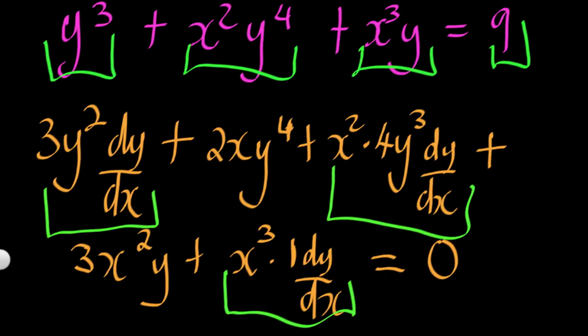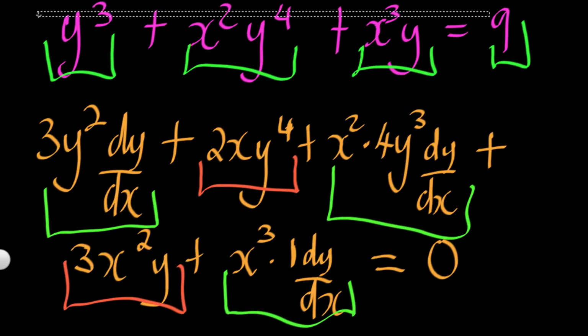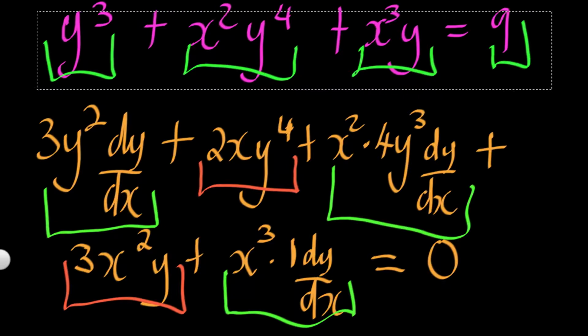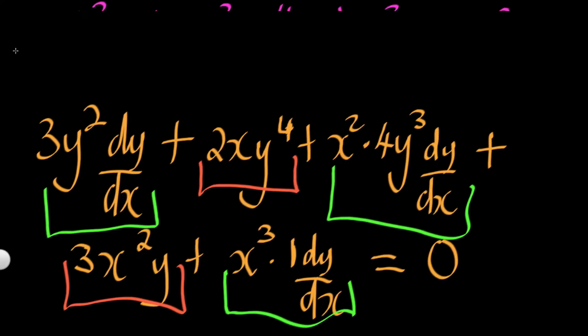In other words, I'm putting together all the terms that have dy dx. Then this term and this term, I'm going to shift them to the right hand side. Let me clear part of the board to illustrate this.